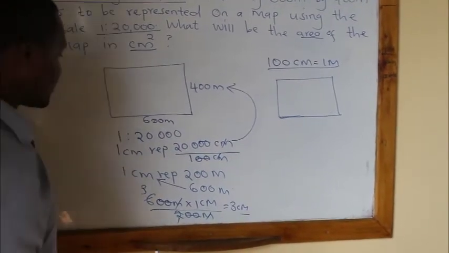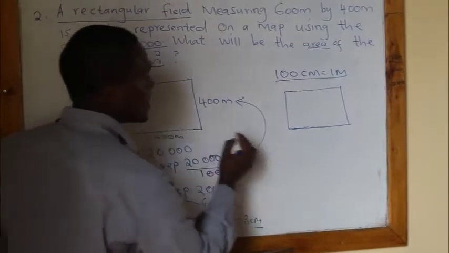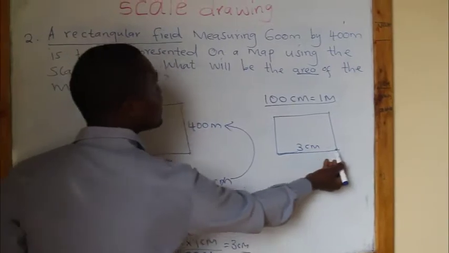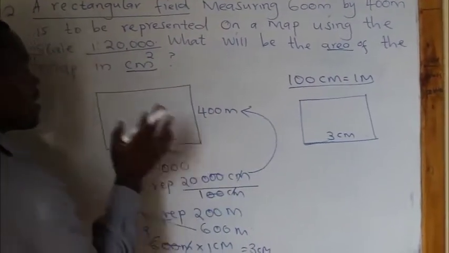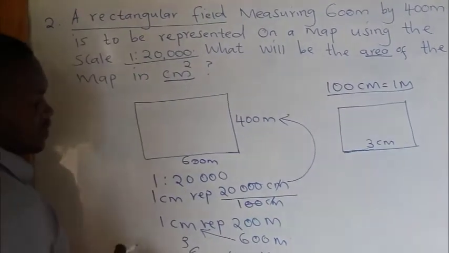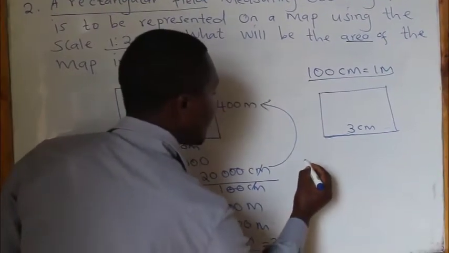So in this case, 3 centimeters will be the drawing length here. So when I draw 3 centimeters, I represent the real length of 600 meters.